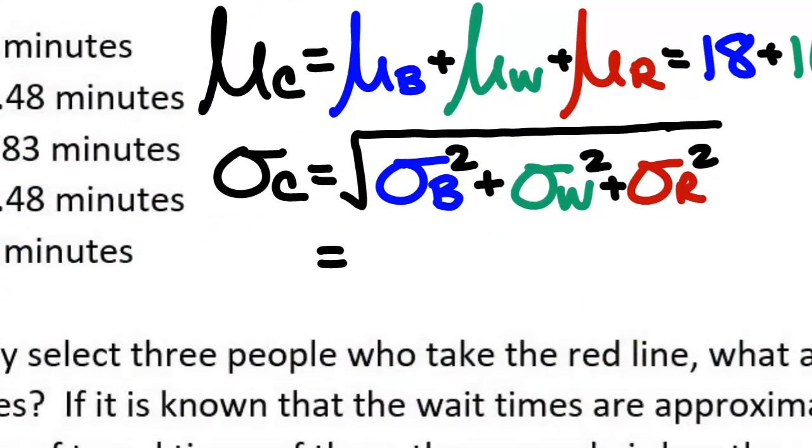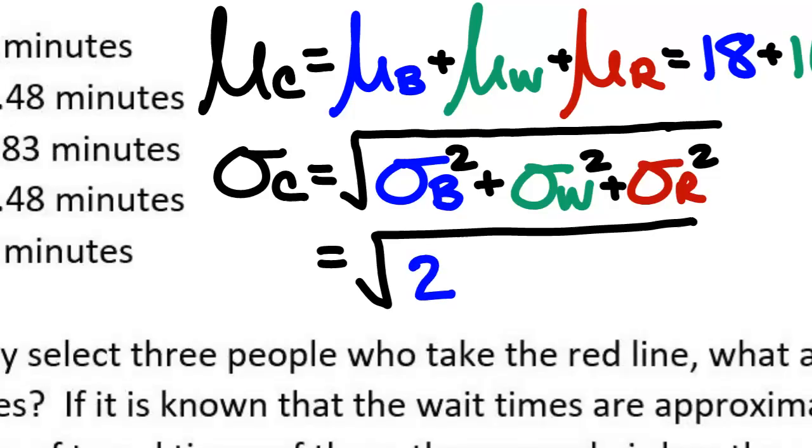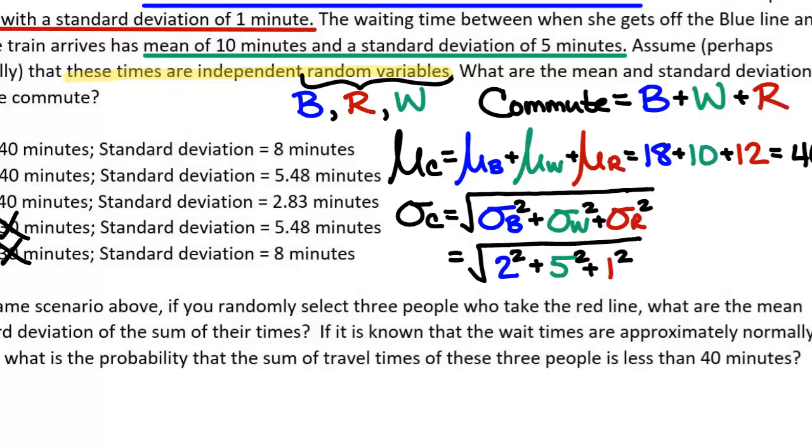So that would give me the square root of 2 squared plus 5 squared plus 1 squared. Two squared is 4, 5 squared is 25, 1 squared is 1.